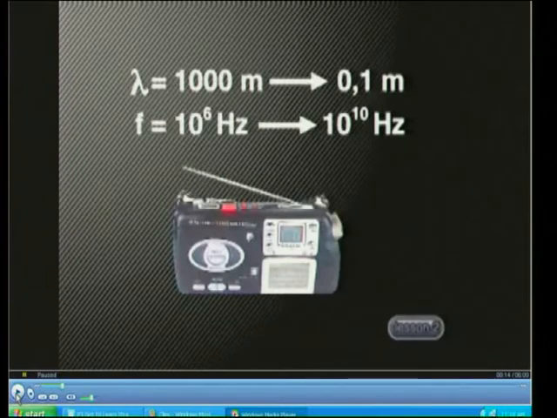That's a kilometer to about 10 centimeters. Their frequency, though, is very low in relationship to the rest of the spectrum. I know 10 to the 6 hertz is very high, so is 10 to the 10, but it's actually quite low once you get to the rest of the spectrum.